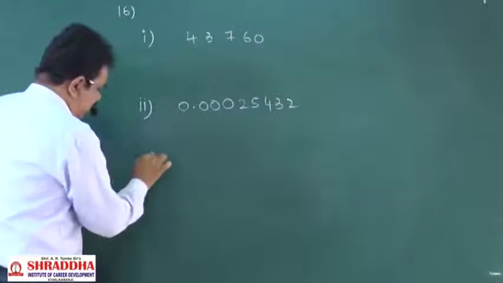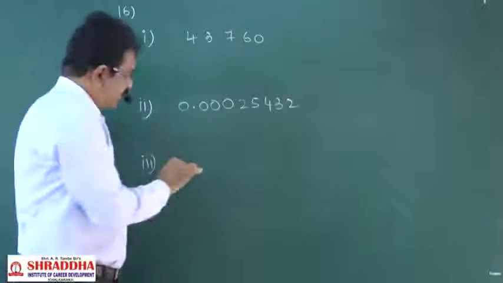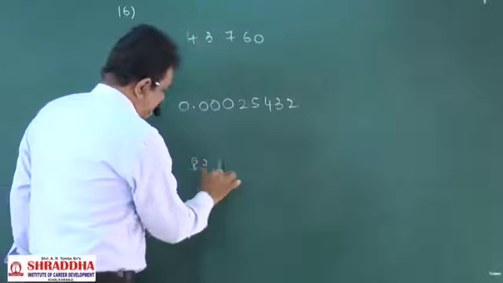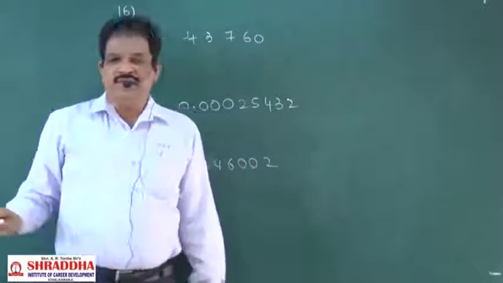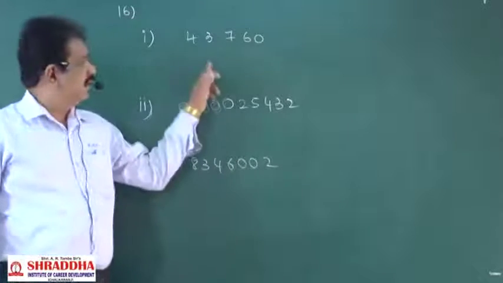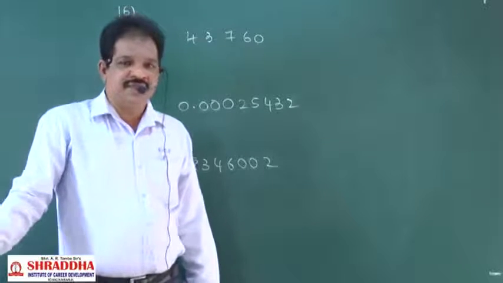Third number they gave is 8346002. These are the 3 numbers given. What is the order of magnitude they are asking?